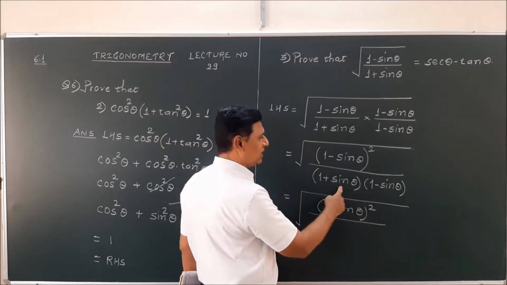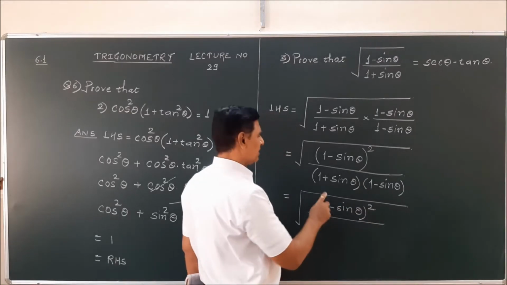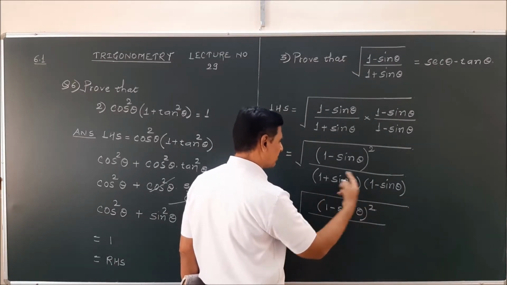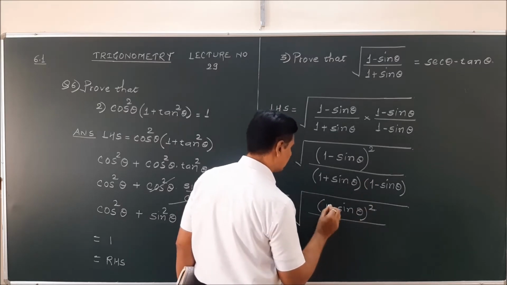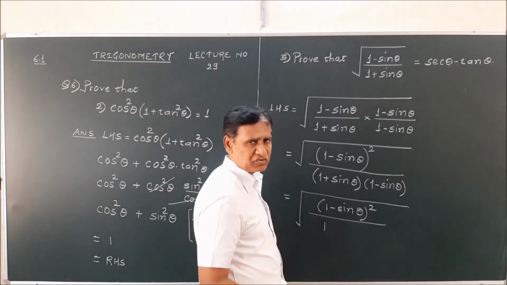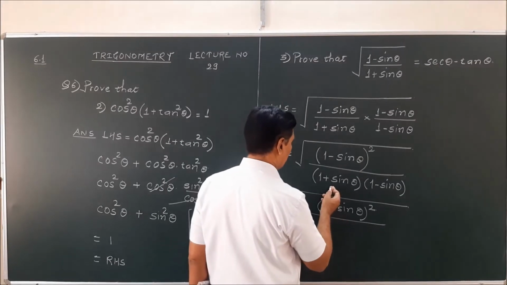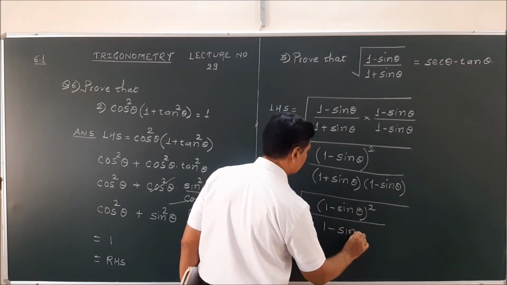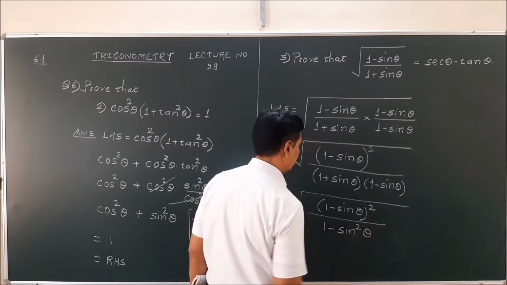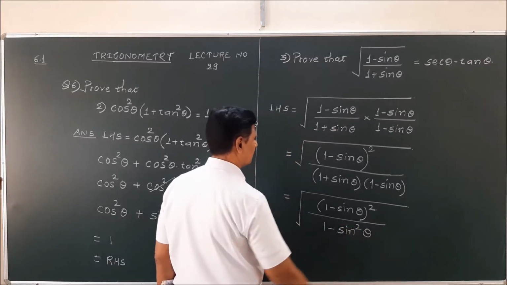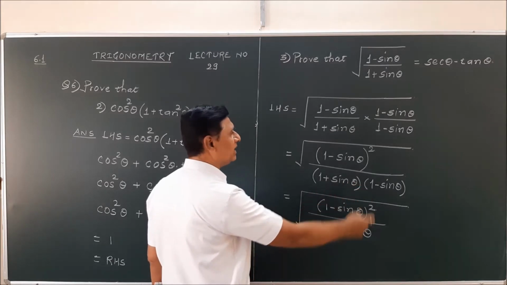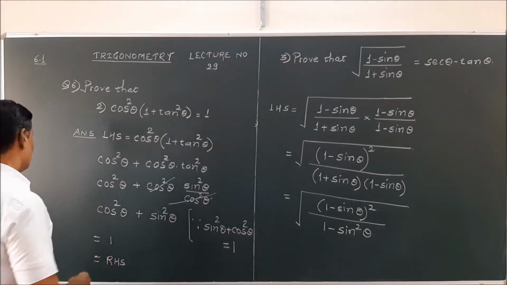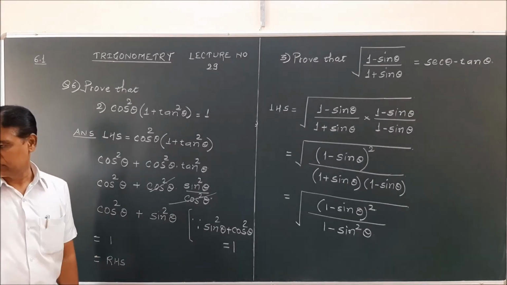But a plus b, a minus b, same terms here, only with the negative and positive sign. So a square minus b square, that is 1 square, which is 1 only. So a square minus b square, that is 1 minus sin square theta. Try to understand a plus b, a minus b. So 1 minus sin square theta.